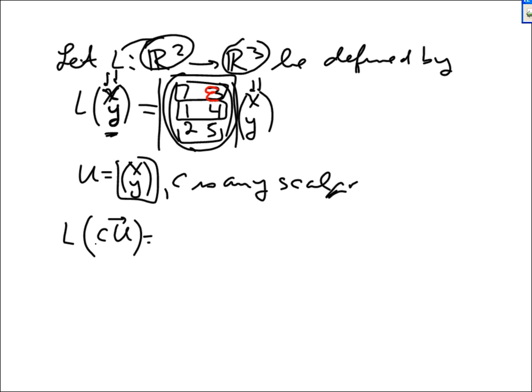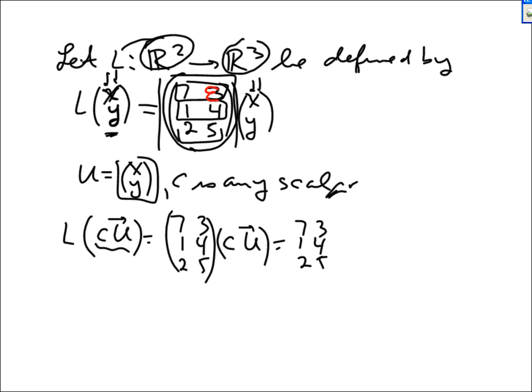Okay, what L of anything is this matrix times cu. And maybe I will now say, yep, I should say that u is not a vector, but actually write it as a matrix.